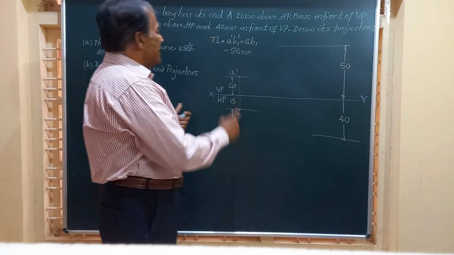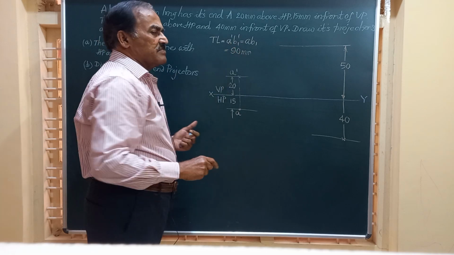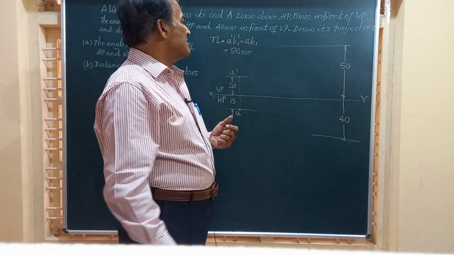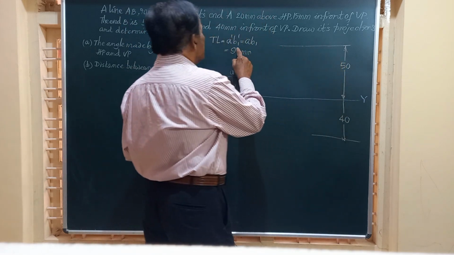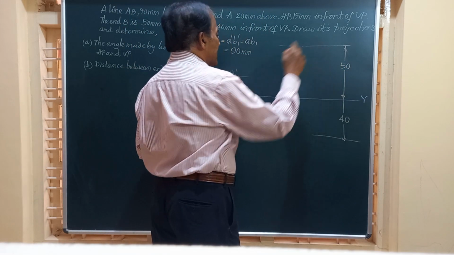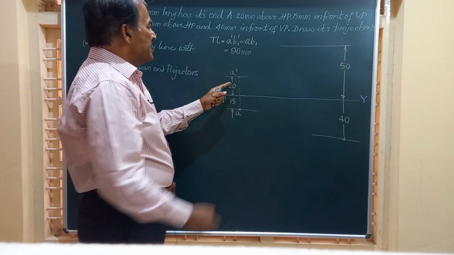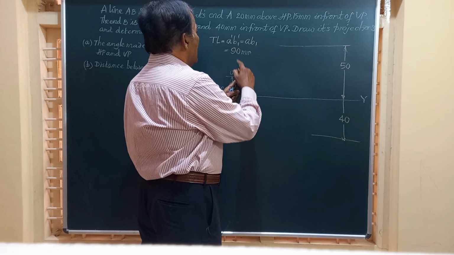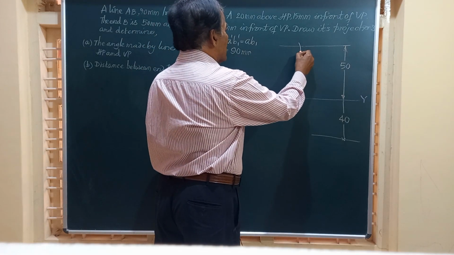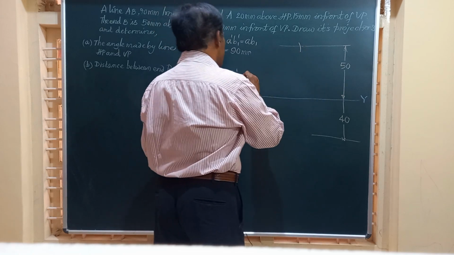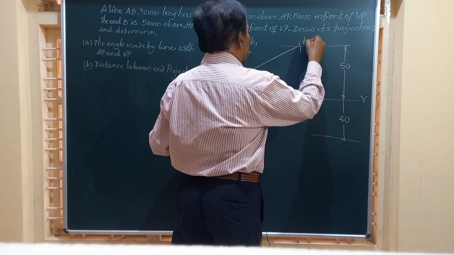And here friends, we got A dash B1 dash, which represents the true length of the line. Now we have the locus of the end B on which B dash and B1 dash will lie. So we know the true length of the line. We will take A dash as the center and true length 90 millimeter as the radius and strike an arc to cut the locus of this point here at the point B1 dash.